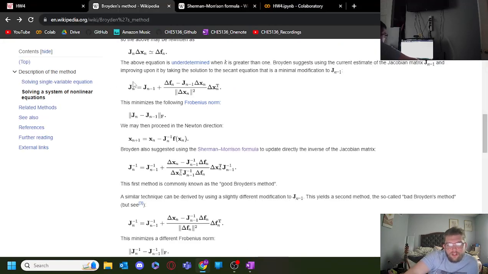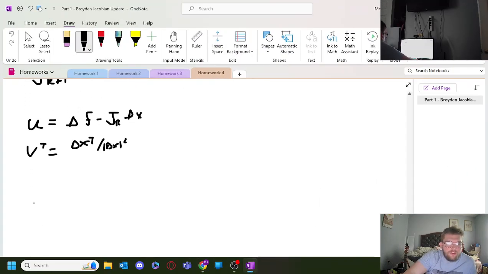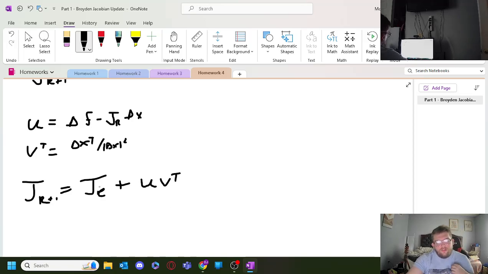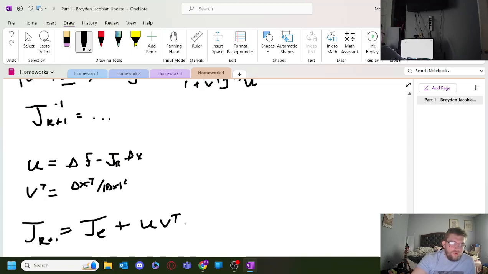So in reality, if we were to rewrite the Jacobian, we have J sub k plus 1 equals J sub k plus U V transpose. Now, the reason we can assign these is U and V are just column vectors.